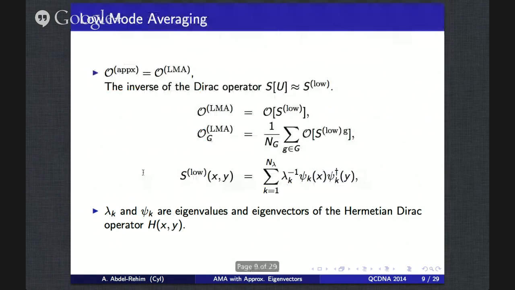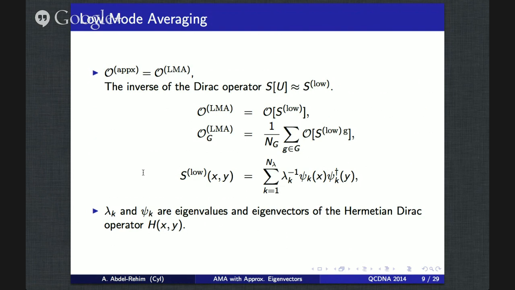So what are these? The low mode averaging, which we are not discussing here, is basically your correlation function built upon a propagator. And your propagator here will be approximated by a sum over low eigenmodes that you have. So if you directly replace the propagator S by this spectral decomposition of the low eigenmodes, and you use this to estimate your correlation function, then this is what we call low mode averaging.